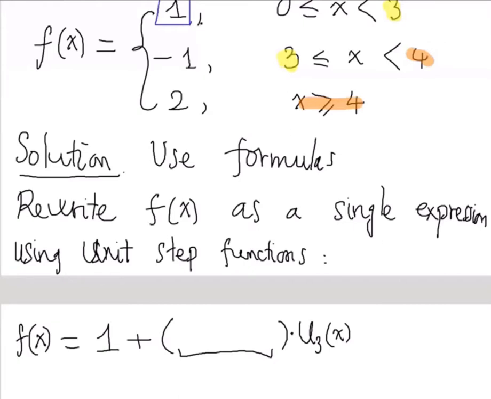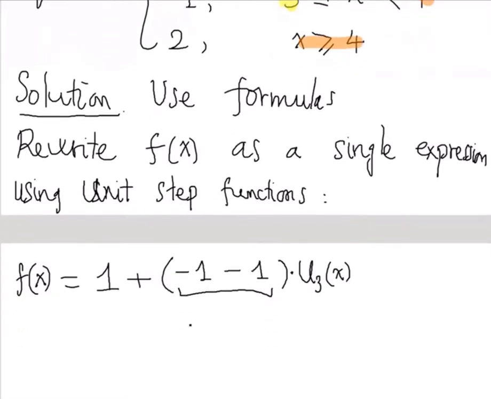When we go from the first interval to the second interval at x equal to 3, we change from 1 to -1. So the difference of the formulas is -1 minus 1. This is the difference.